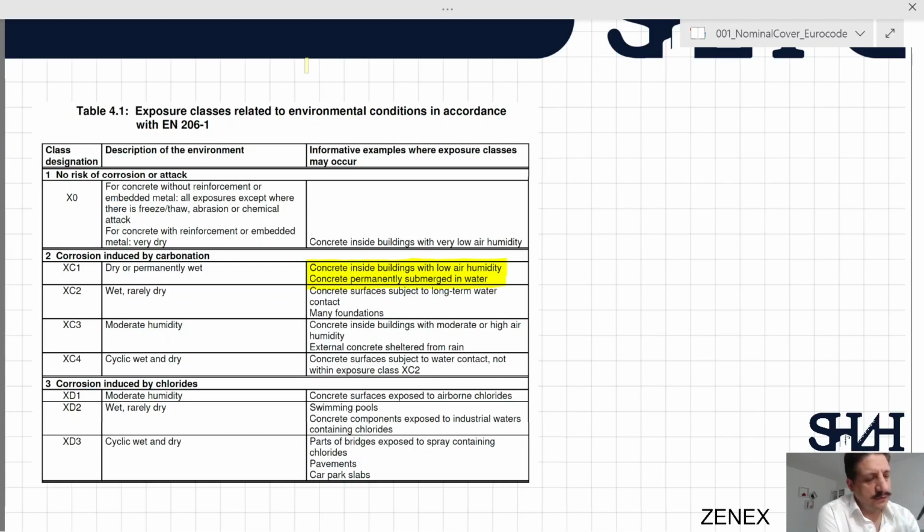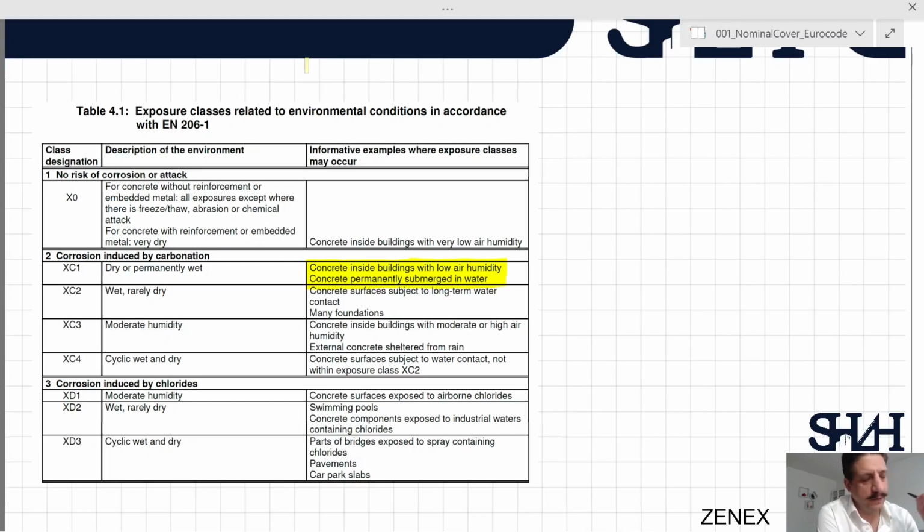The reason that these two are in the same class is that if the concrete is inside the building, it is not in contact with humidity that much. As a result, it is not susceptible to corrosion by oxidation of the reinforcement.